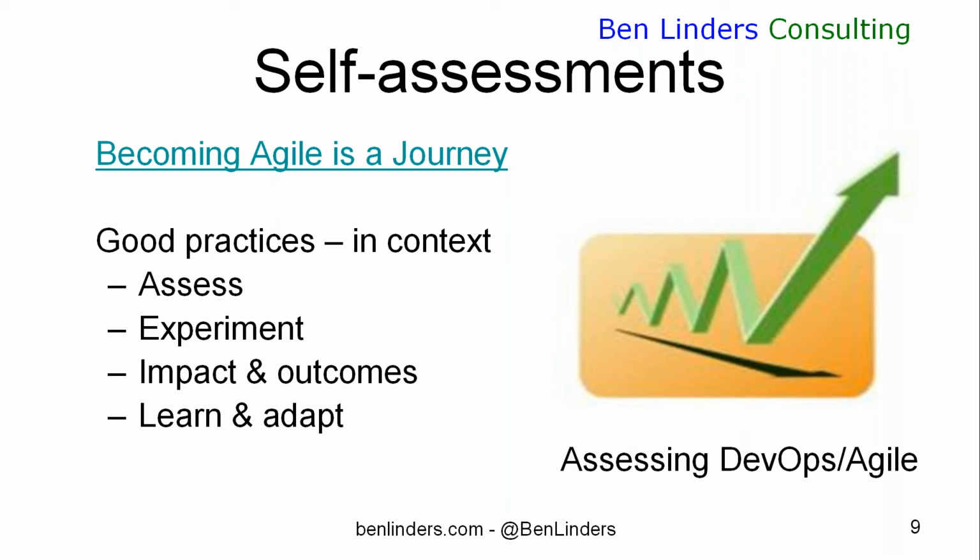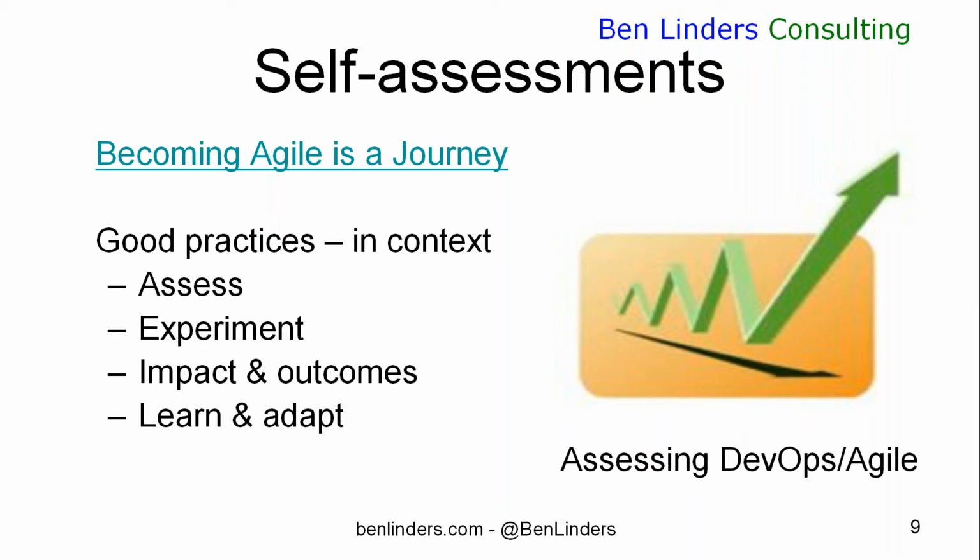You need to know how you're doing right now. And this is where self-assessments can help you to look at how you're doing the practices right now in your organization. So assess how you are doing those practices. Find out how well you are doing them. Look at what are the practices that you would like to change in your organization that would help you to improve.